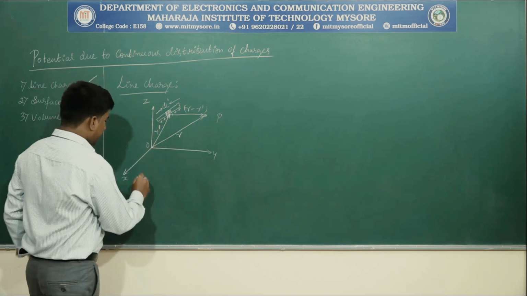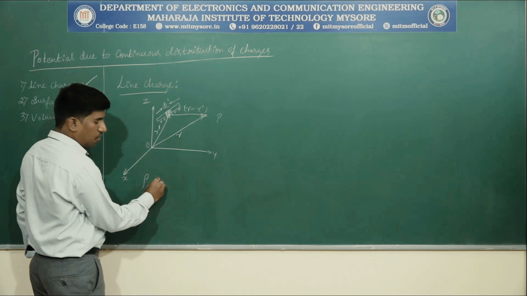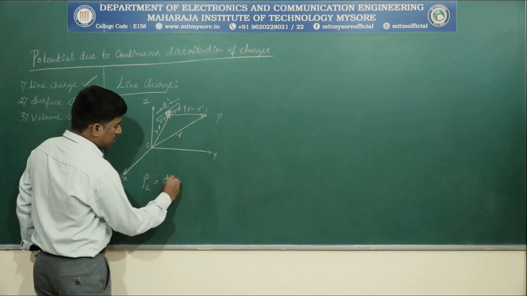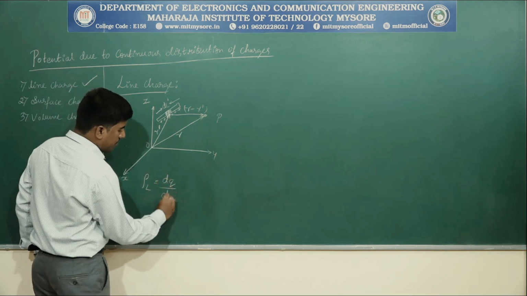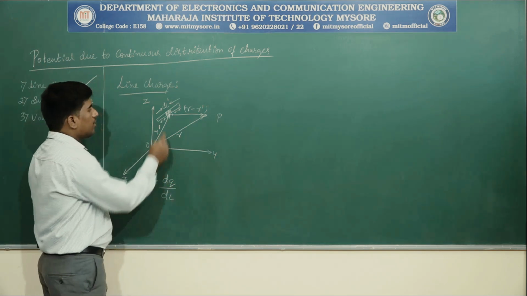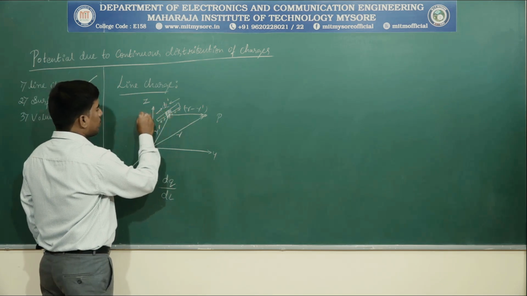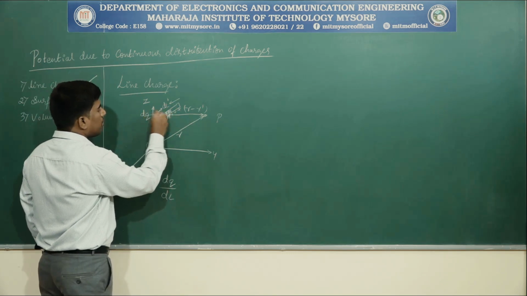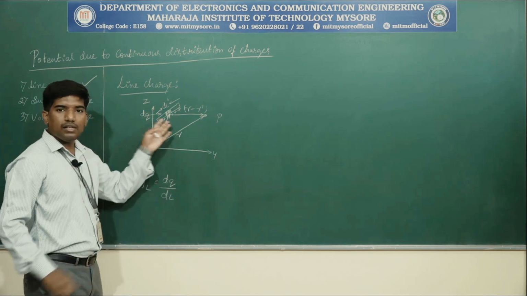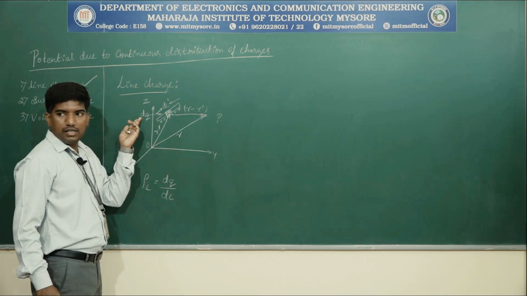So we know that line charge density rho L is equal to charge per unit length, differential charge per differential length. What is the charge at this differential length? The charge at this point is dq, the differential charge, not the total charge, right? The differential length has the differential charge.